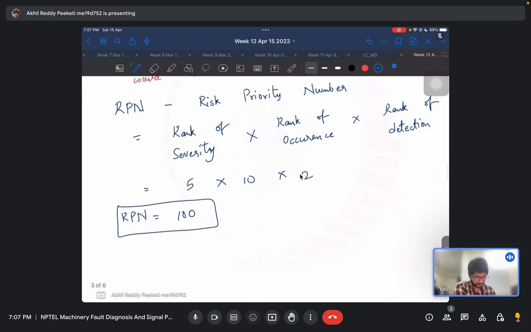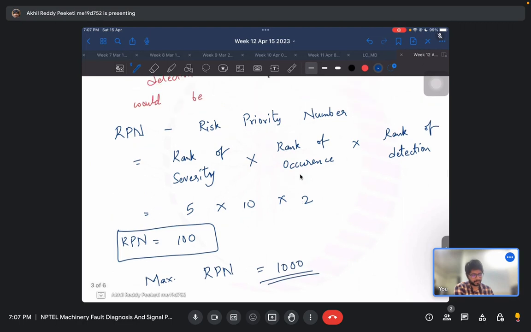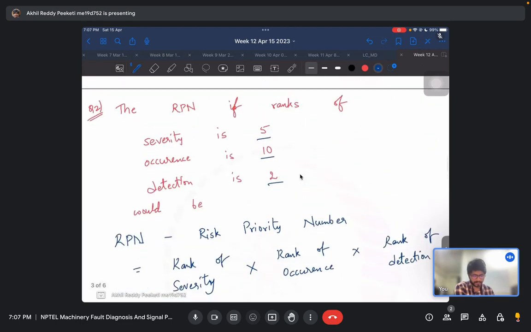The maximum value for the RPN can go up to 1000. That means it is the worst case scenario, very bad.